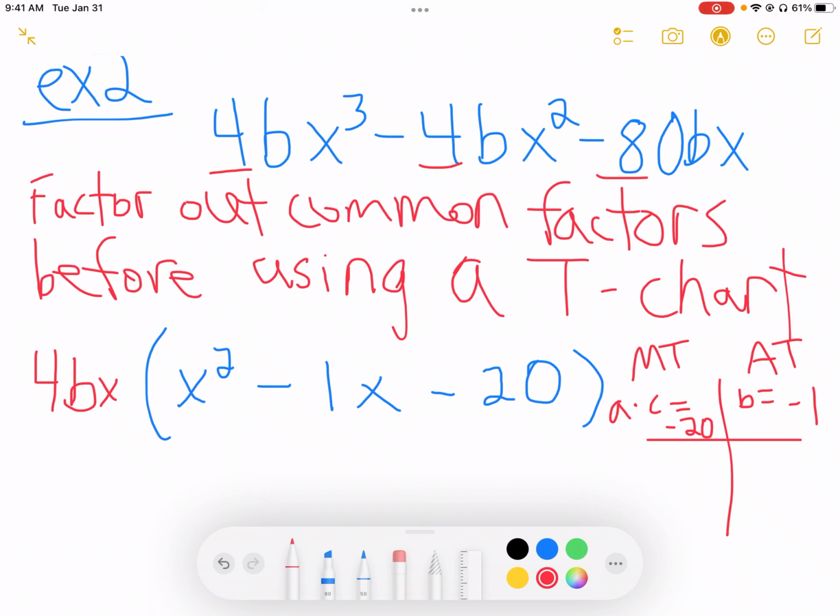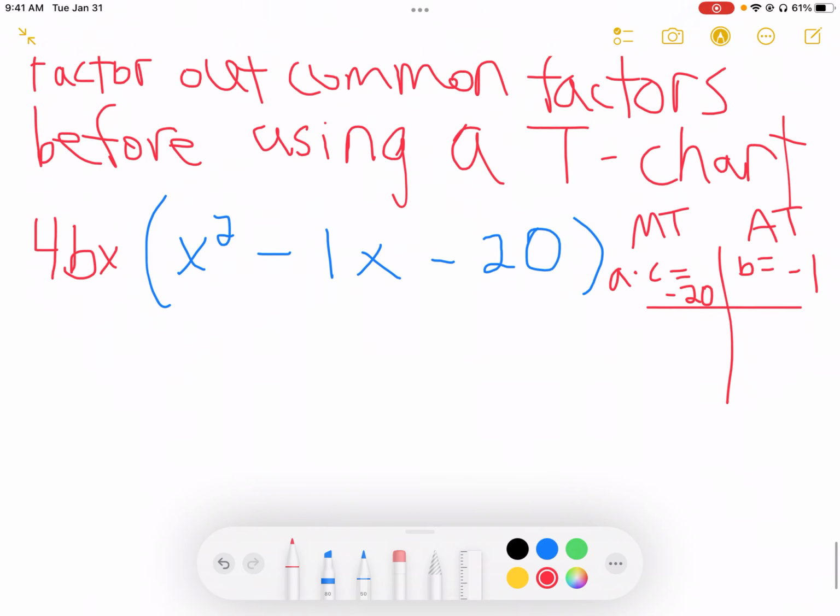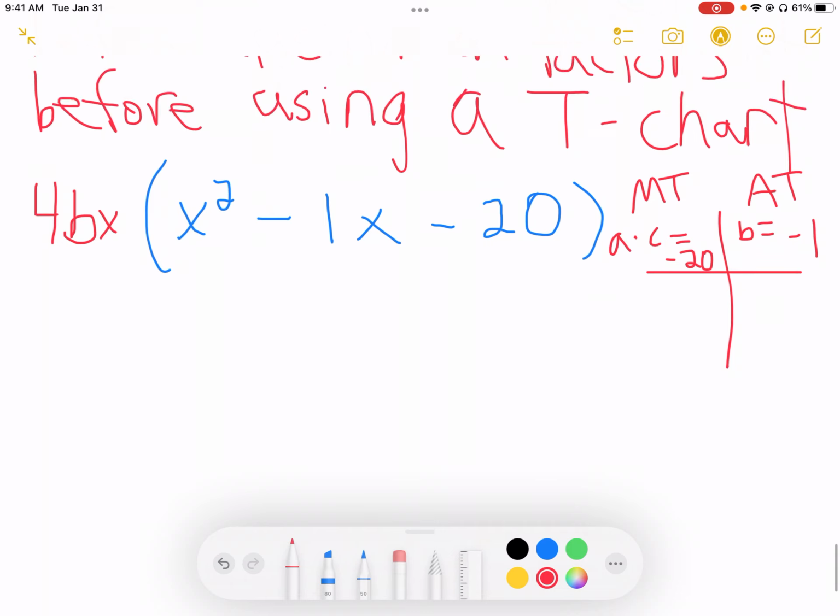So start simple here. I know that if I'm going to multiply to minus 20, I have a negative as part of my multiplication. So I'll have minus 5 and 4, okay?